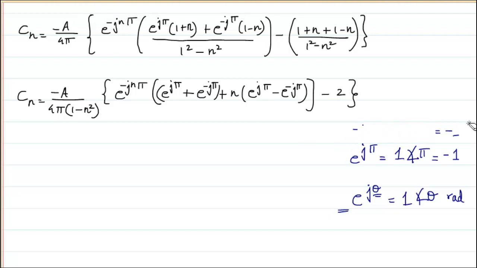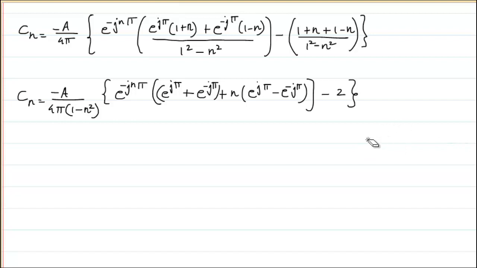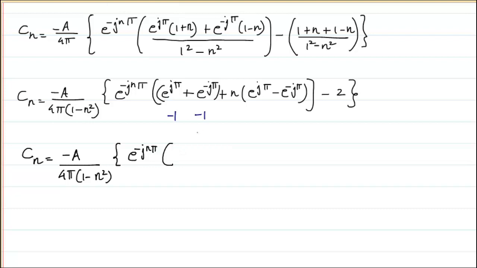So the same thing I am going to use here. I will write C of n is equal to minus a divided by 4 pi into 1 minus n square, and then from here it will be e raised to power minus j n pi. Now the next part: this is minus 1, this is also minus 1, so combined it should come as minus 2.